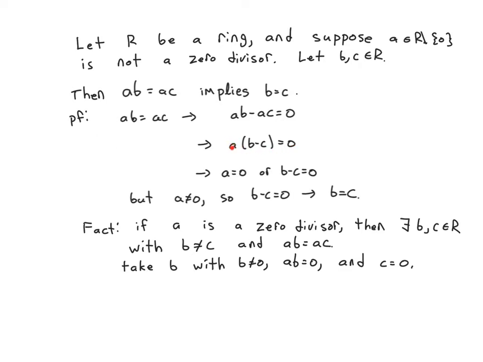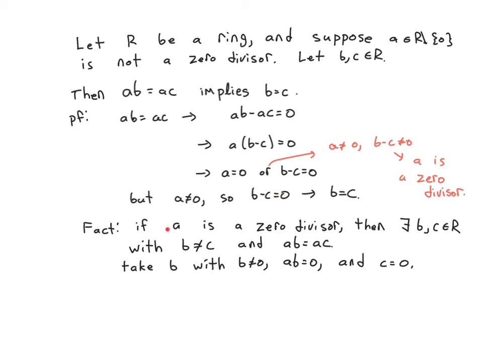That would imply that a is in fact a zero divisor, which is a contradiction. So since a is not a zero divisor, one of these two has to be 0. We're also assuming a is not 0, so b minus c has to be 0, which means b equals c.